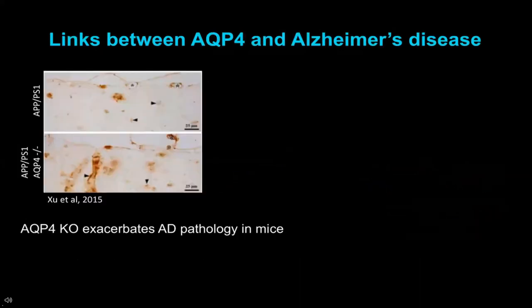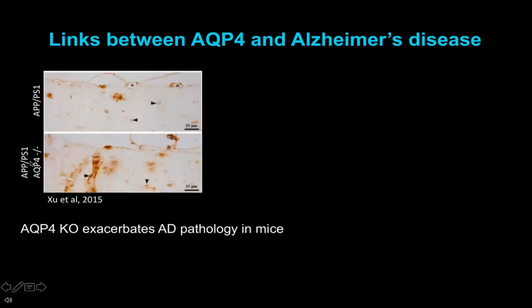And then some links between AQP4 channels, which in the brain are only expressed by astrocytes, and Alzheimer's disease. Here you see Alzheimer's disease mice of the type AQP4.